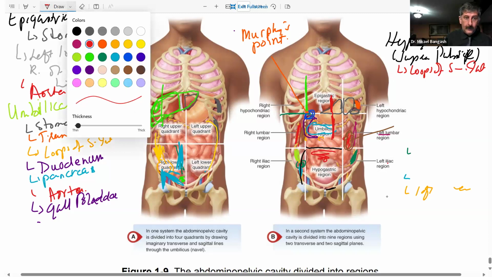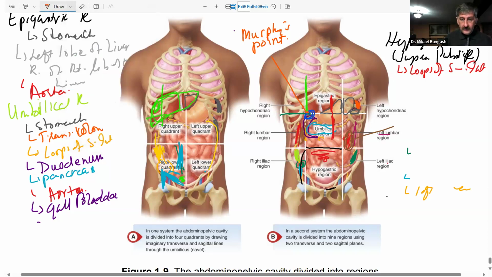Mainly, as far as the colon is concerned, you will have the part that runs here, which some people just call the sigmoid, some call it the sigmoid colon. Both names are correct.